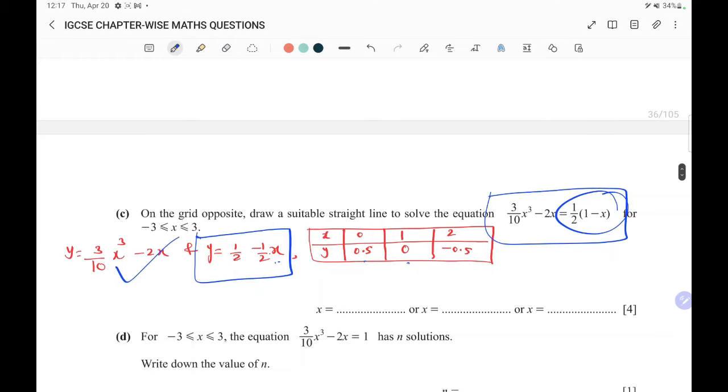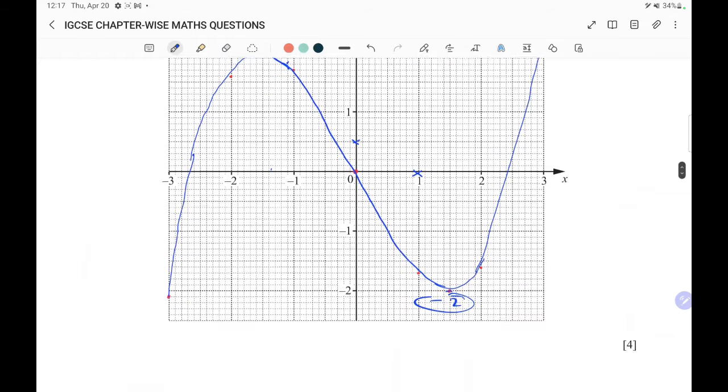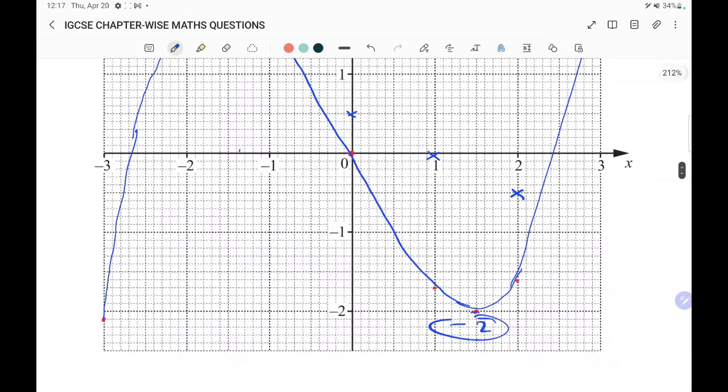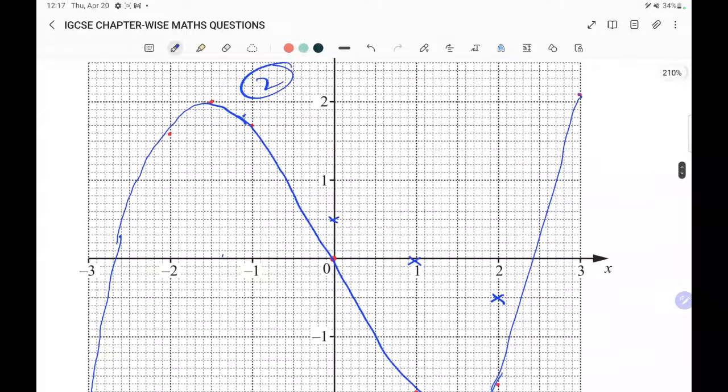And then next 2, minus 0.5, which is here. And then you should use a ruler to join this. By the way, I will try to join this like that.